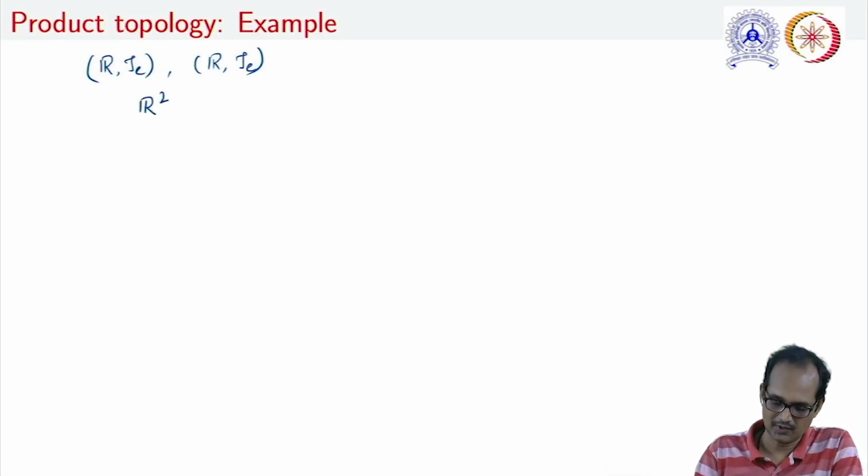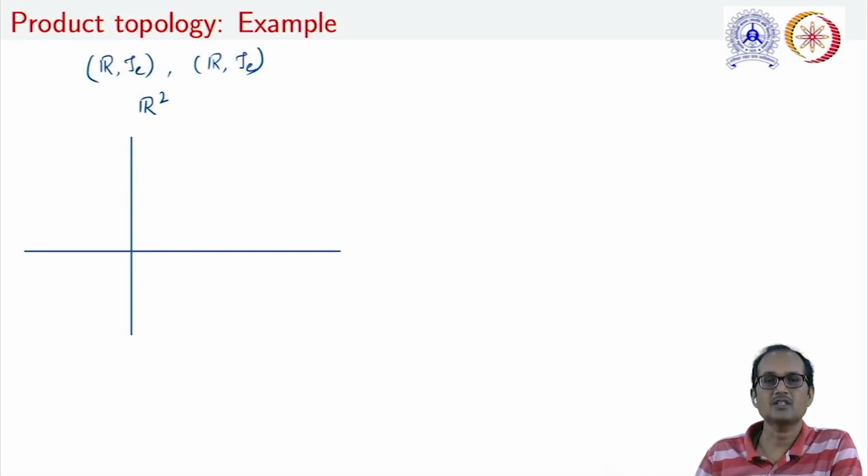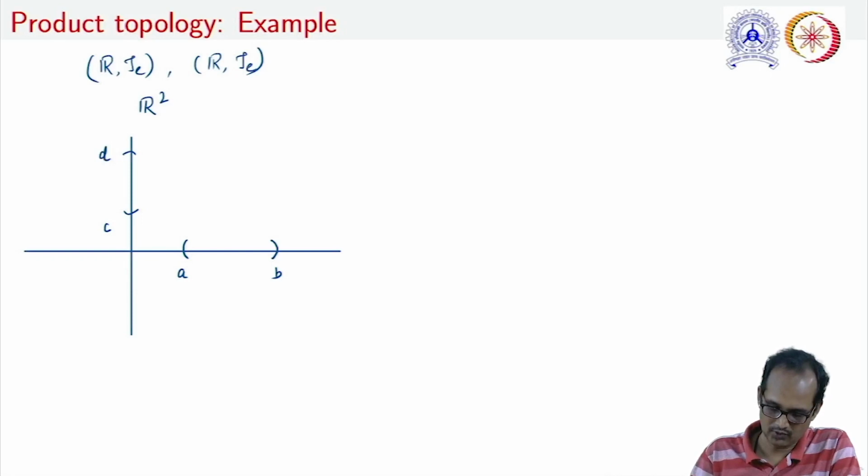Answer is, if we are recalling the basis structure for the Euclidean topology, we have seen that the open intervals form a basis for the Euclidean topology. So this will be an interval (a, b), and similarly here the interval (c, d). So the basis for the product topology on R2 will be given by an open rectangle, and that will look like in this form.